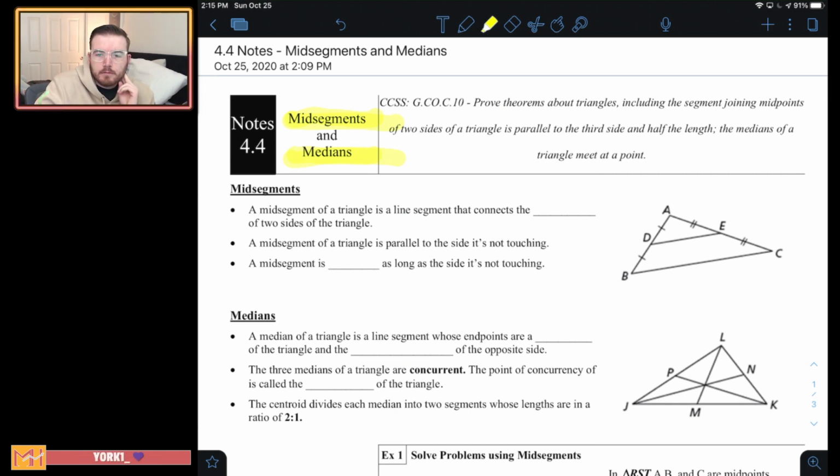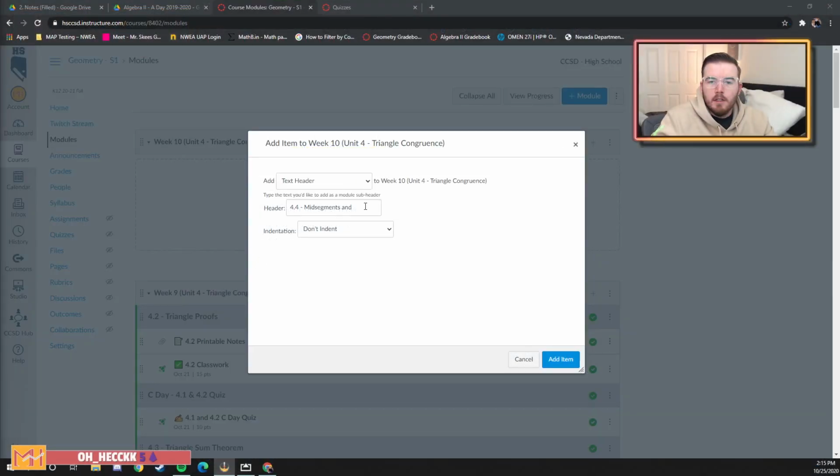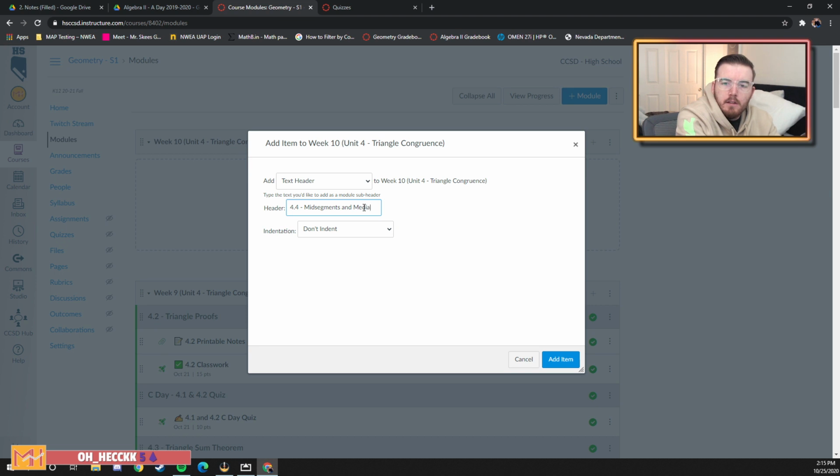So text header, I need to add 4.4. Here, I'll just share my screen so you guys can see what I'm doing. Mid segments and medians.